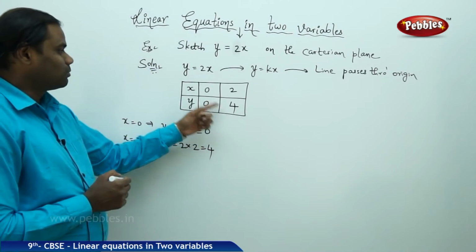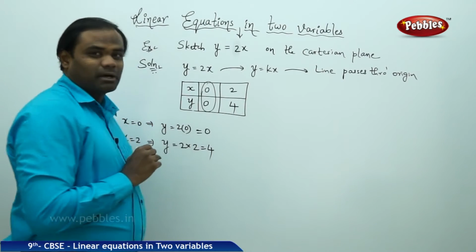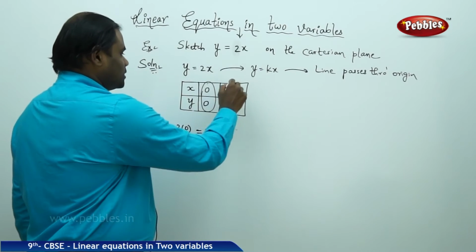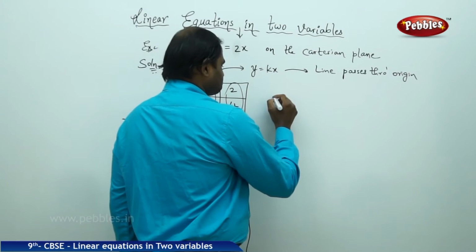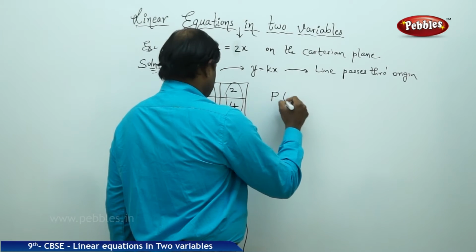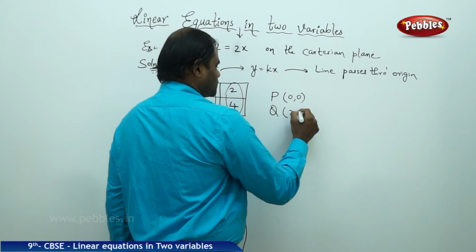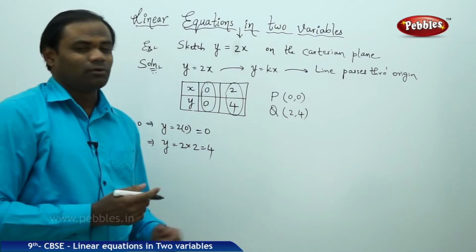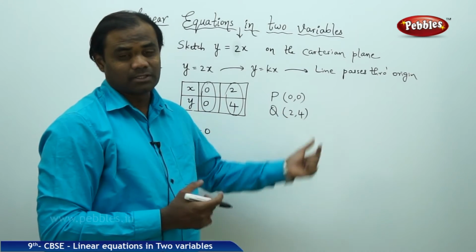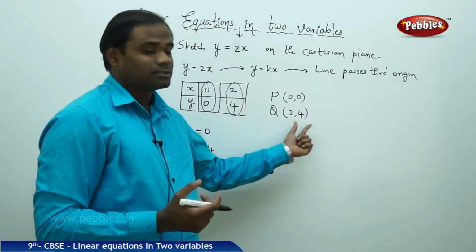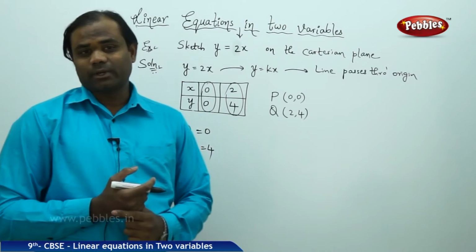Now that for 2 points I have got one point as represented by the second column and the other point represented by the third column, I clearly understand that there are 2 points: P which is (0, 0) and Q which is (2, 4). That is, the point P (0, 0), the origin, and the point Q (2, 4) pass through the given line y equals 2x.